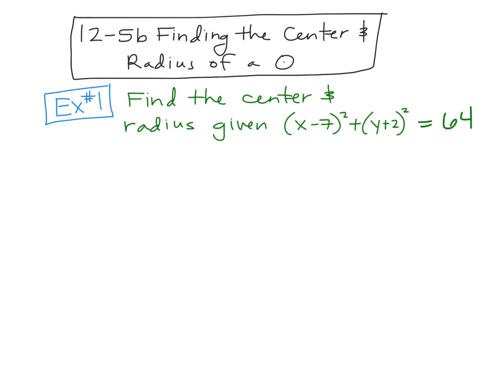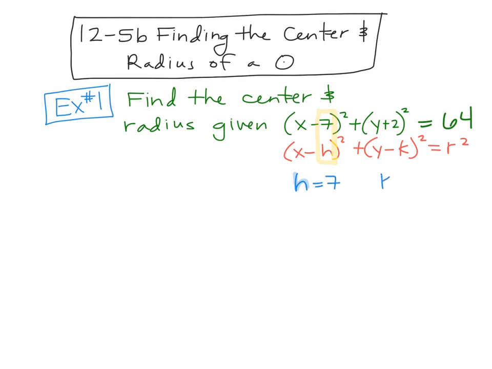If you consider the fact that the formula is x minus h squared and y minus k squared equals your radius squared, you're saying x minus h. So in this case, it's x minus 7, so h is 7.